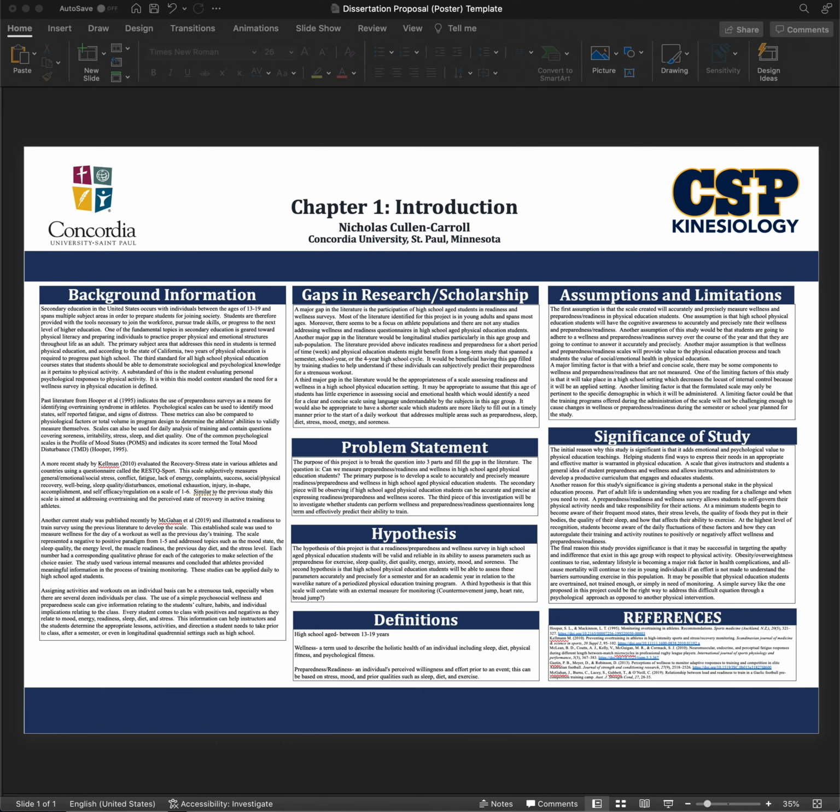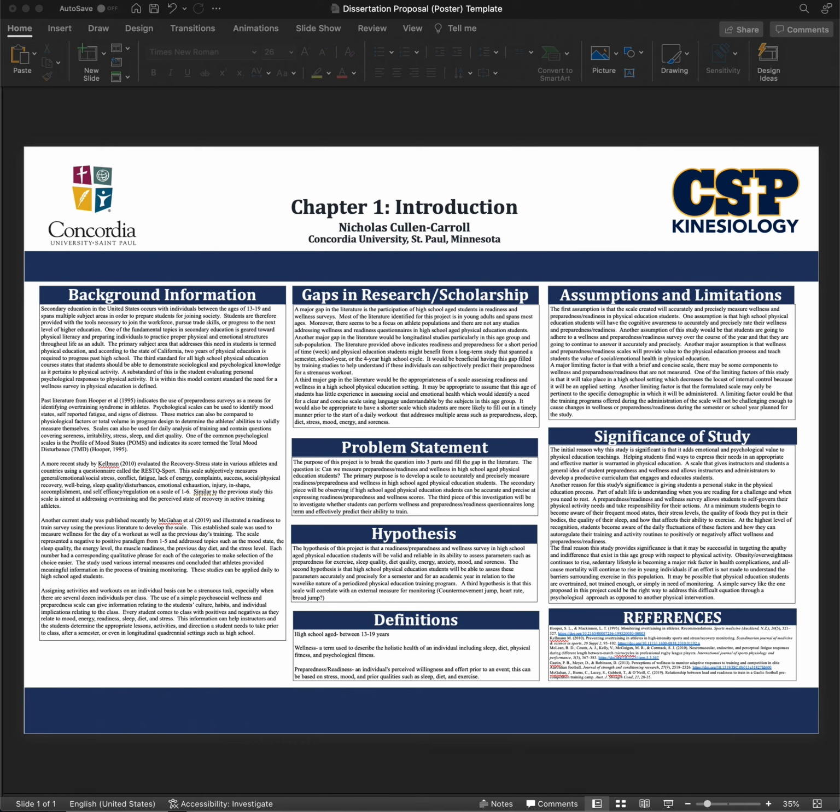So let's look at some of the hypotheses we've derived from our problem statement. I think the initial hypothesis is that readiness, preparedness, and wellness surveys in high school aged physical education students are valid and reliable in their ability to assess parameters such as readiness for exercise, sleep quality, diet quality, energy, anxiety level, mood, and soreness.